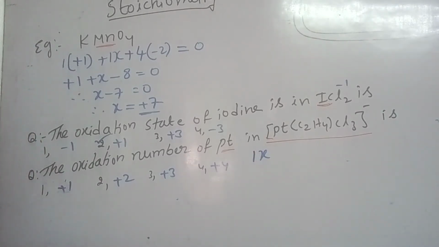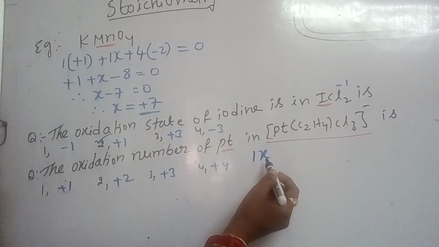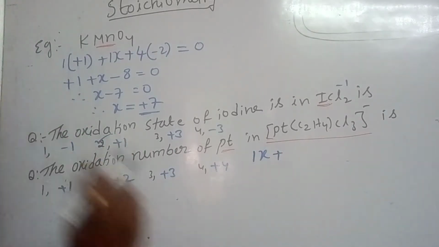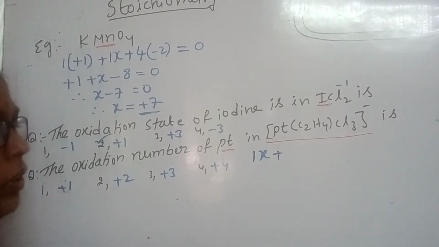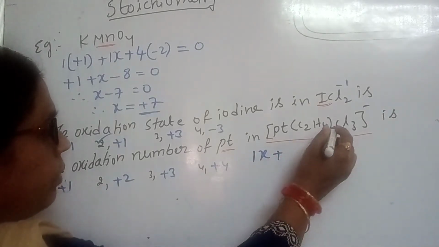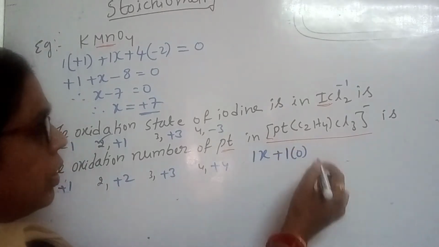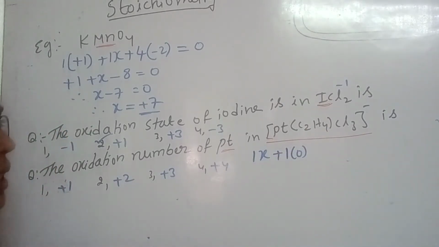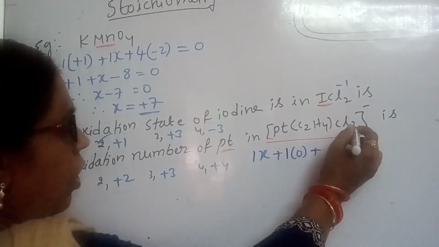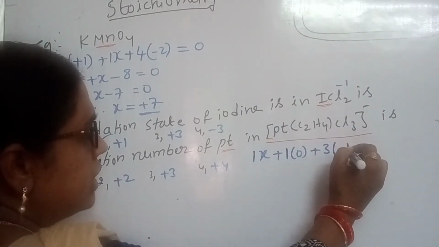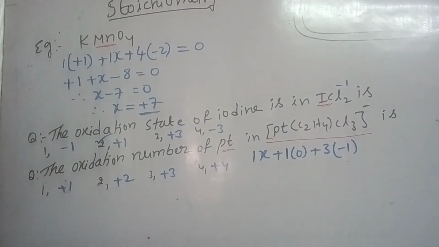We have to calculate the oxidation state of Pt. So take x plus C2H4, which is a neutral compound, ethylene. How many are there here? 1, so 1 into 0, because for neutral compounds the oxidation state is 0, plus how many chlorines are there here? 3. So 3 into chloride, which is generally -1.